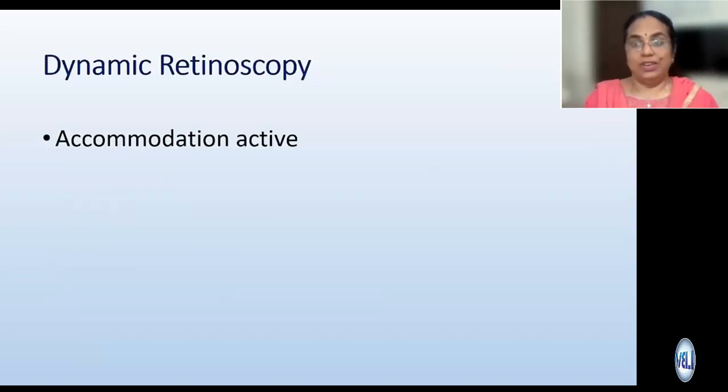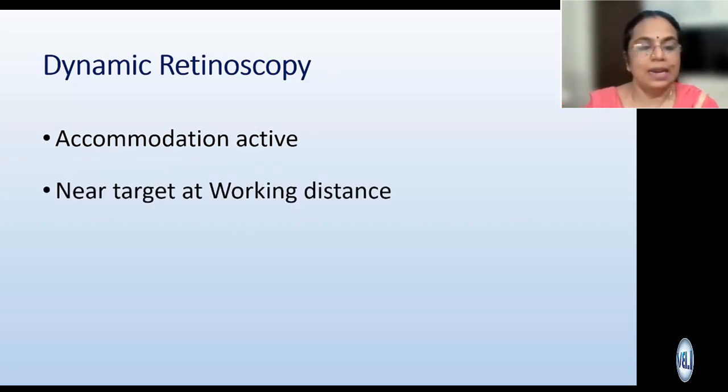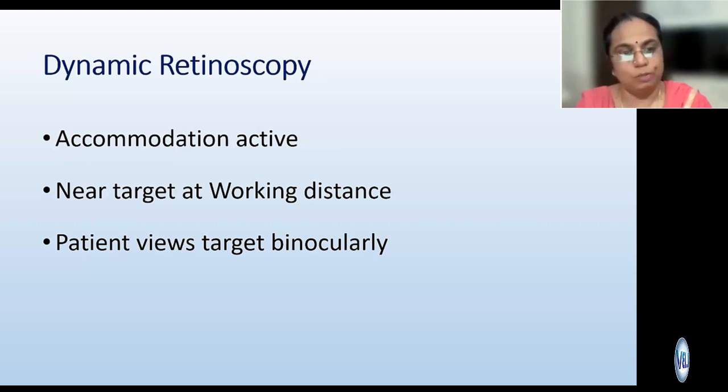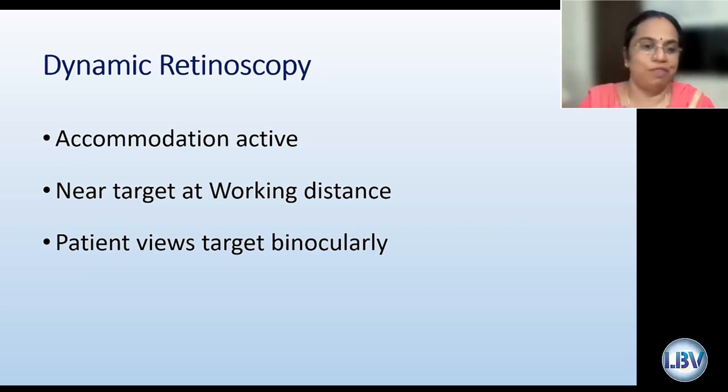So this is what I was trying to tell you about the dynamic retinoscopy or near retinoscopy, where the accommodation is completely active and the patient is looking at your target at 40 centimeters. The near working distance, I normally ask them to look at 40 centimeters because that is comfortable, and I know it translates to plus 2.5.